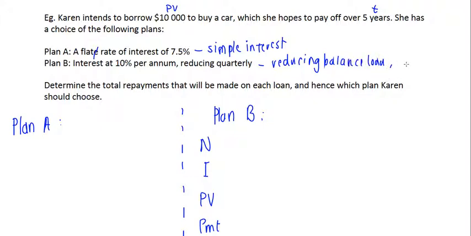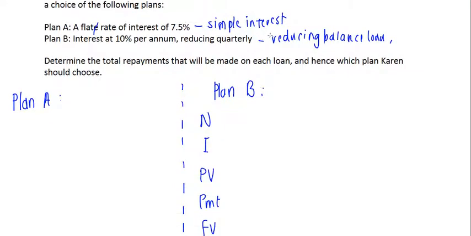So we'll use Finance Solver for the second one, but the first one that we'll have a look at is just the simple interest formula. We want to look at the total repayments that will need to be made, and then we'll make a decision for which one is better. Okay, so for plan A, what we can do is work out the total amount that will be paid.